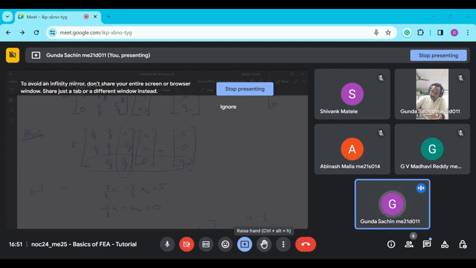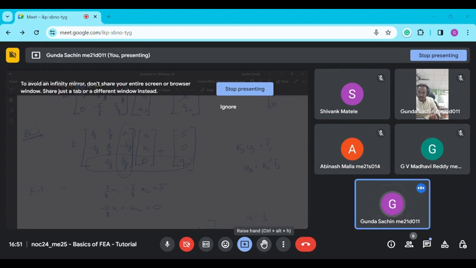So wherever the zero is present, these zero columns we remove, and then for the remaining elements, after applying the boundary condition, whatever the remaining unknowns are, we solve for them.